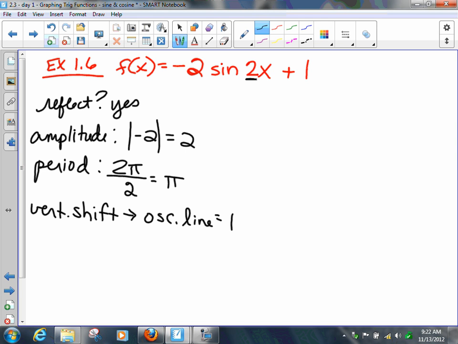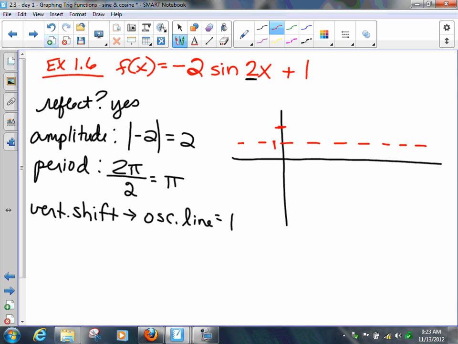It moves the oscillation line. Okay? All right, here we go. Let's see here. First thing you need to put on your graph is what? The oscillation line, which has to be where? At 1.